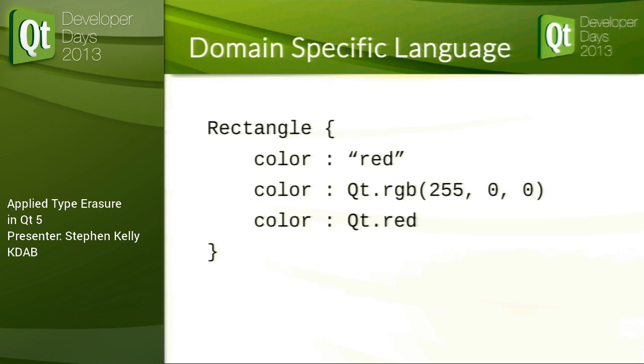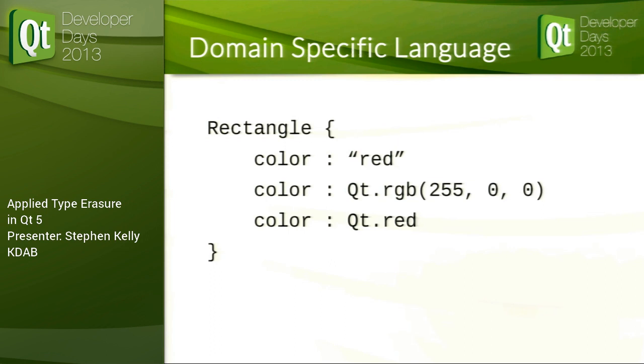So an example of where you would need to handle a variety of types in a domain-specific language would be something like this. In your QML, your rectangle has a color, and you can specify it many different ways. You can give a string. You can call this RGB function on the Qt namespace and get a color back, or you can give it some kind of enum.